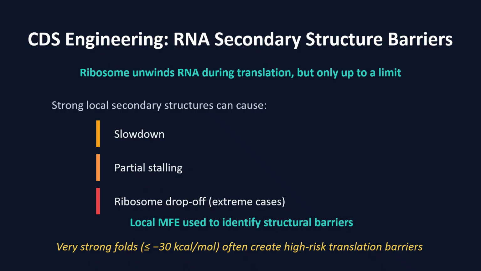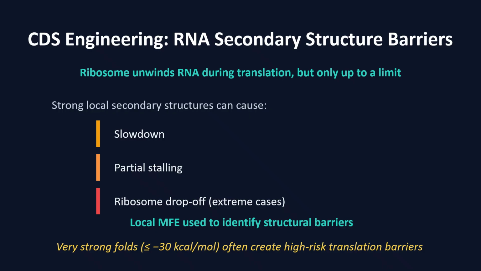Let's talk about a few more points about coding sequence engineering. Codon choice is not the only thing controlling speed. The ribosome has to physically unwind RNA structure as it moves. If it encounters, let's say, a very stable hairpin, it slows down. If the structure is strong enough, it can even stall.